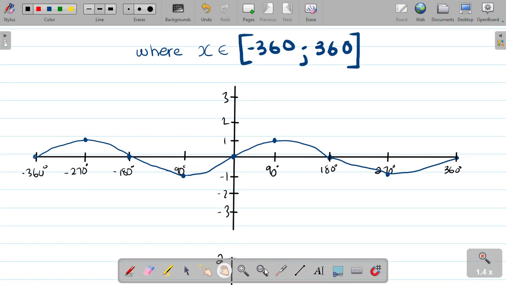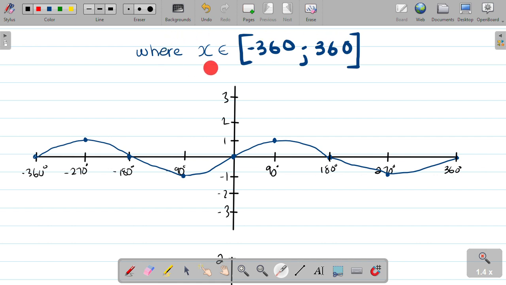So firstly, what does it say over here? It says the graph must represent where the x values are included from negative 360 degrees all the way up until 360 degrees. So show me where the graph occurs between and including negative 360 and 360.